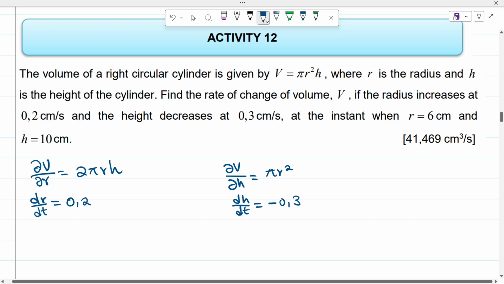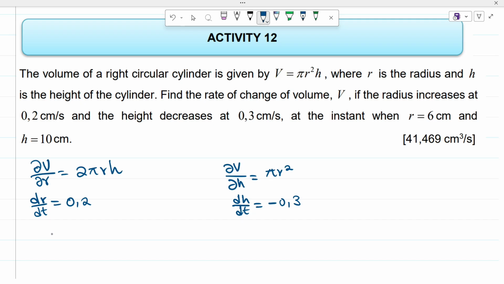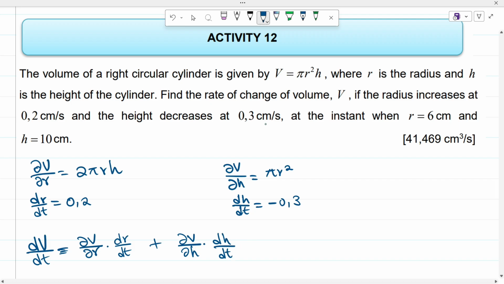So let's write our formula now. The rate of change of volume formula is going to be this: dV/dt is equivalent to the partial derivative of V with respect to r multiplied by dr/dt, plus the partial derivative of V with respect to h multiplied by dh/dt, just like that.